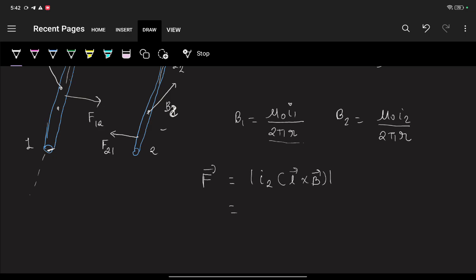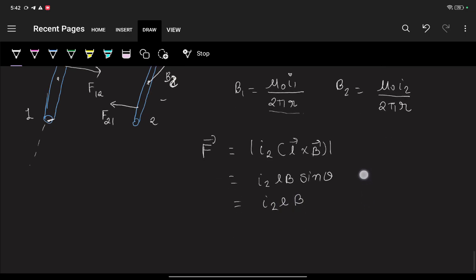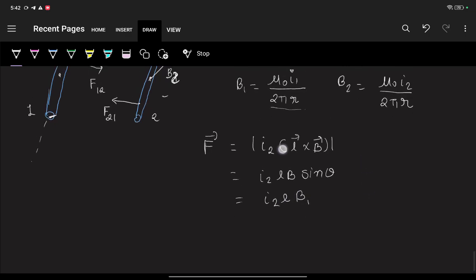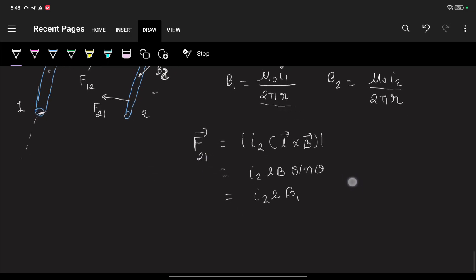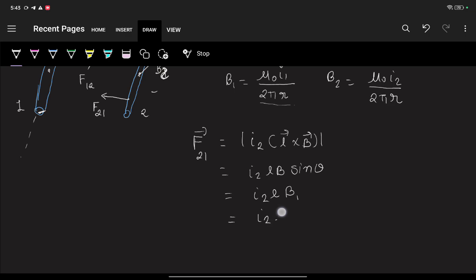And it can be given by I2 L B sin theta. And if theta is 90 degrees, it is simply I2 L B. Here it is B1 because we are finding F21. So I2 L, and what is B1?